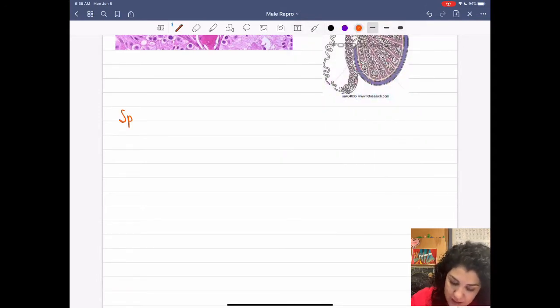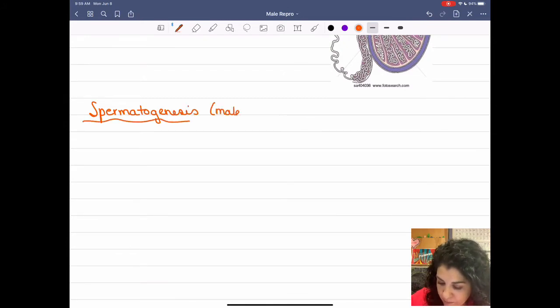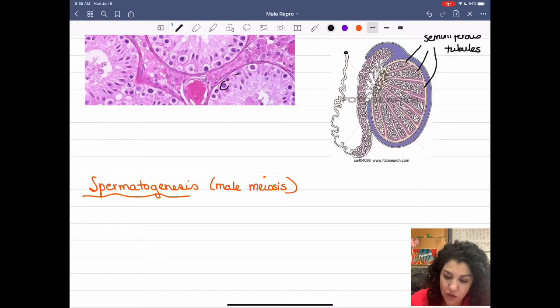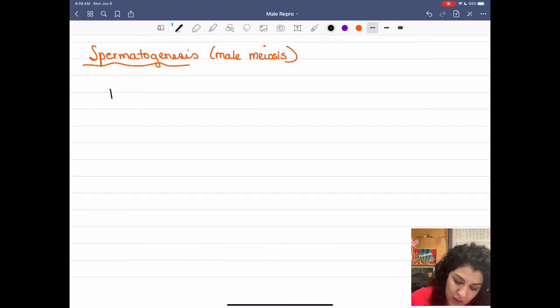sort of as a side. So it is two divisions. We know that about meiosis, right? And so we start off with those cells that are immature at the very edges right here, and those guys are called spermatogonia.